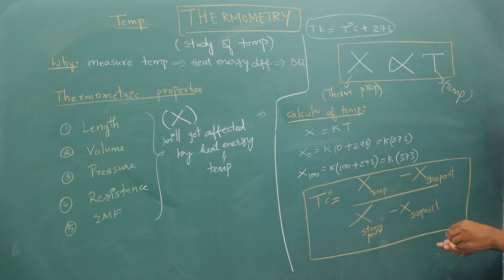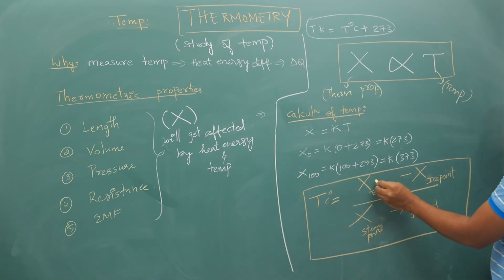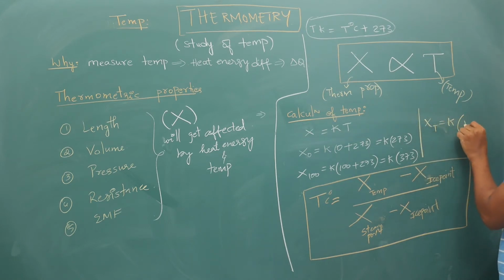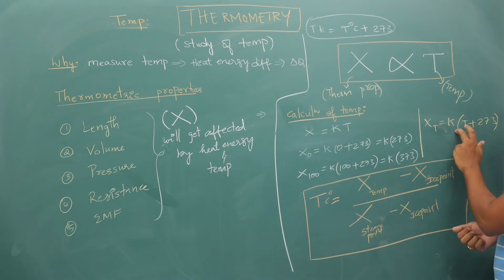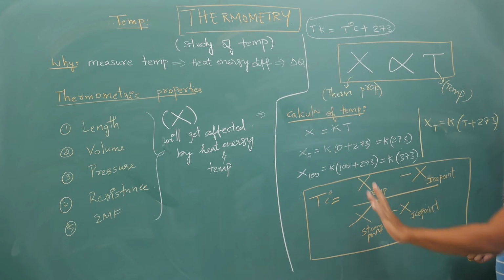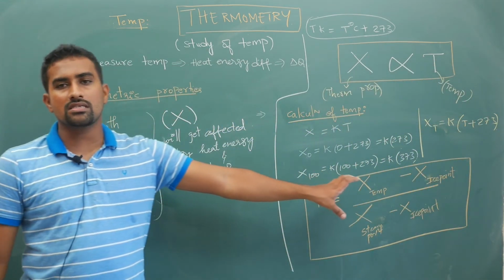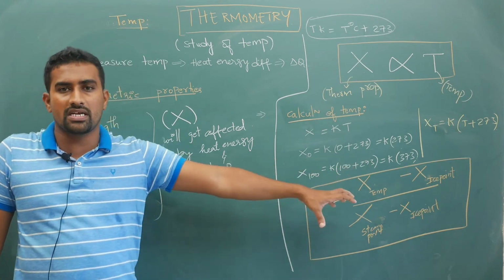To verify this, you substitute X at t, which will be K times t plus 273, with t in degrees centigrade, into this equation, and you will get temperature in degrees centigrade. So that means I have calculated the temperature.